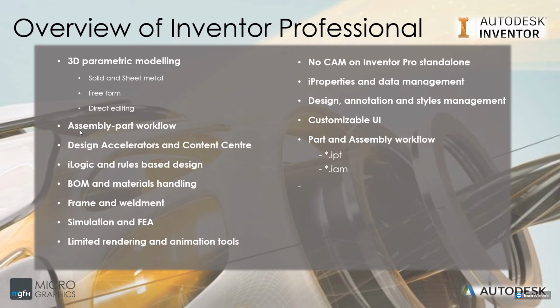Those are basically pre-made iParts that you can insert into your drawings, which makes it very easy to connect large assemblies where you have maybe 100 parts or bolts or stuff like that. Okay. We also have iLogic and rule-based design. Okay.